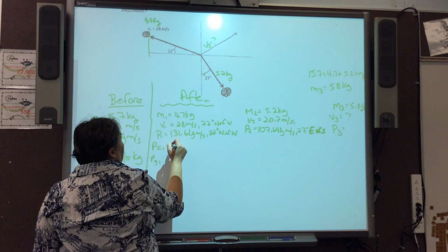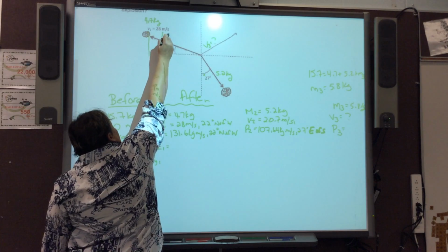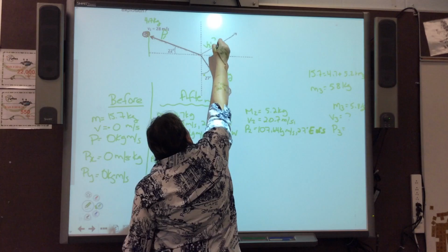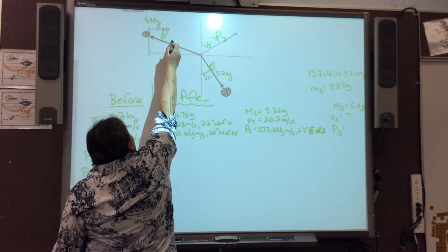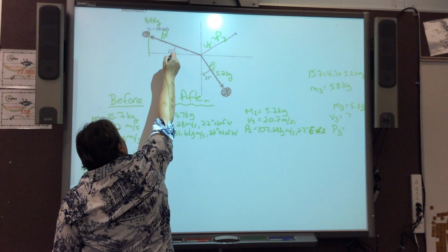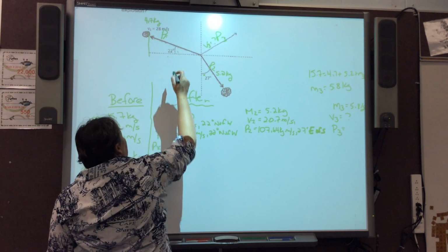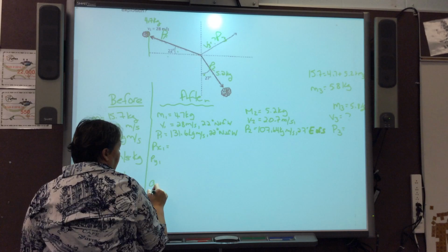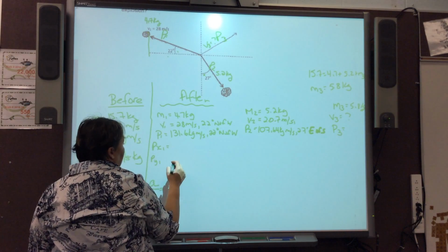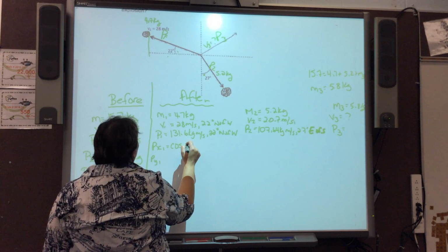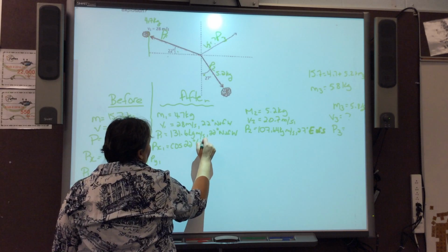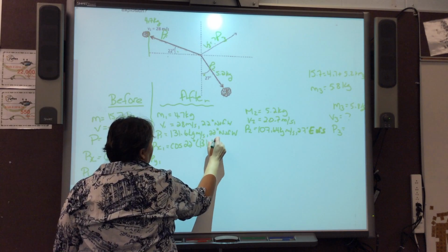This is P1. This is P2. And this one here is P3. We have this information and we have this angle. And so x is adjacent to the angle. So adjacent is cos. So you're going to take the cos of 22 degrees and multiply it by 131.6.